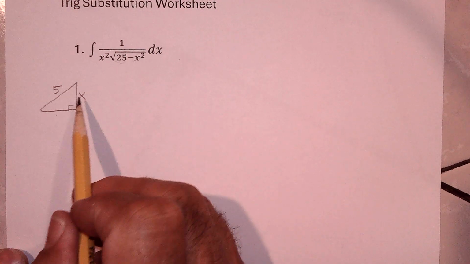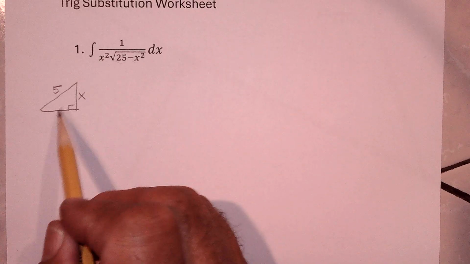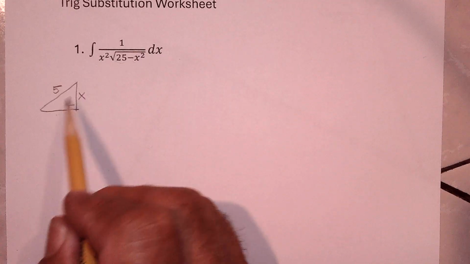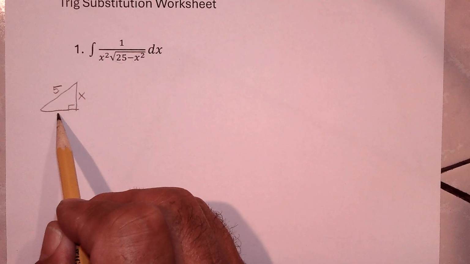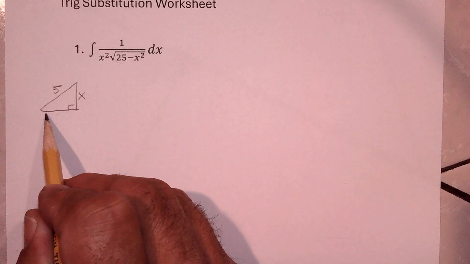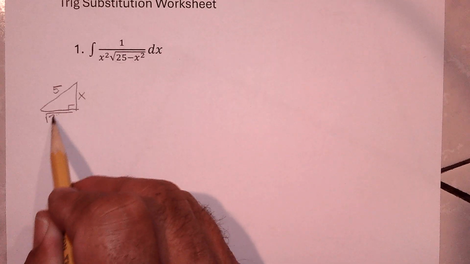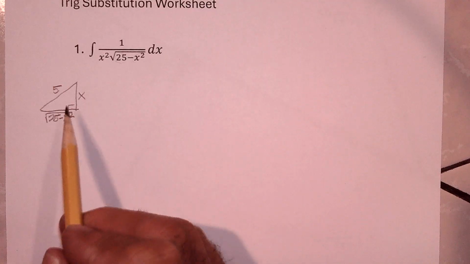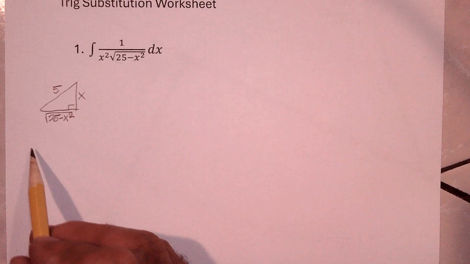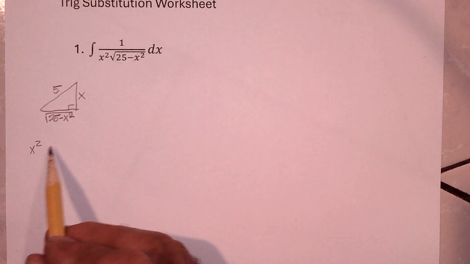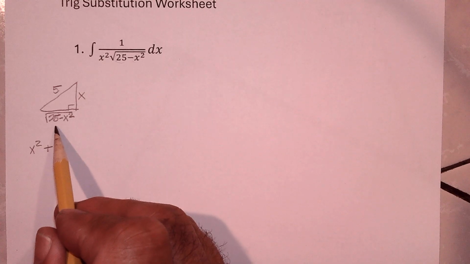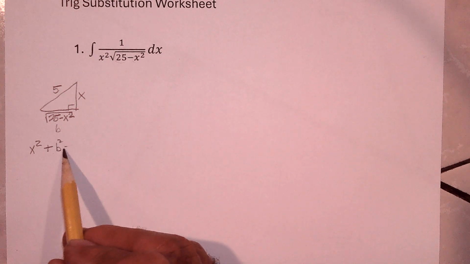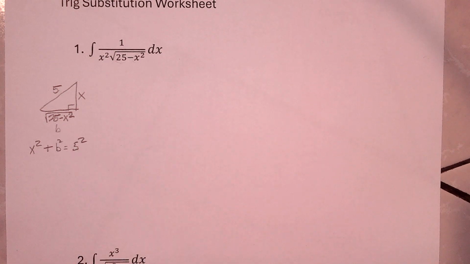So the Pythagorean theorem says a squared plus b squared equals c squared, so c squared minus a squared will equal b squared, and the square root of it, this side would be the square root of 25 minus x squared. Writing that out, I have x squared plus, I'll just call this b squared, equals 5 squared.